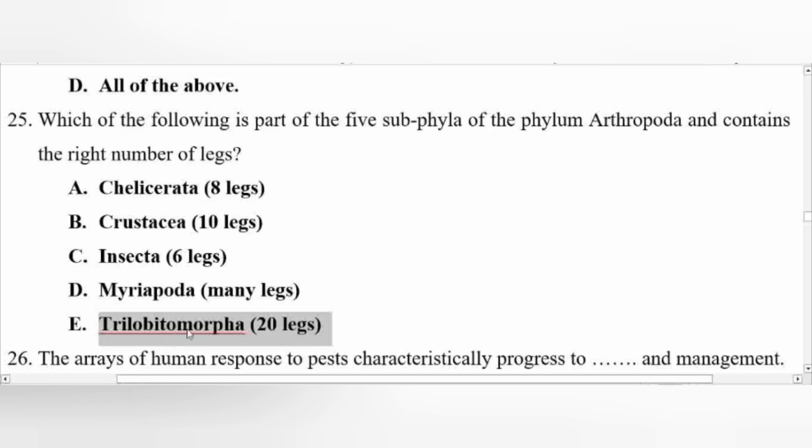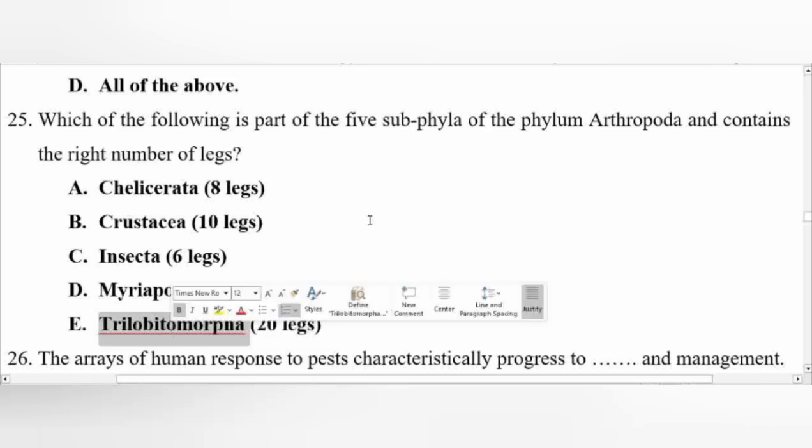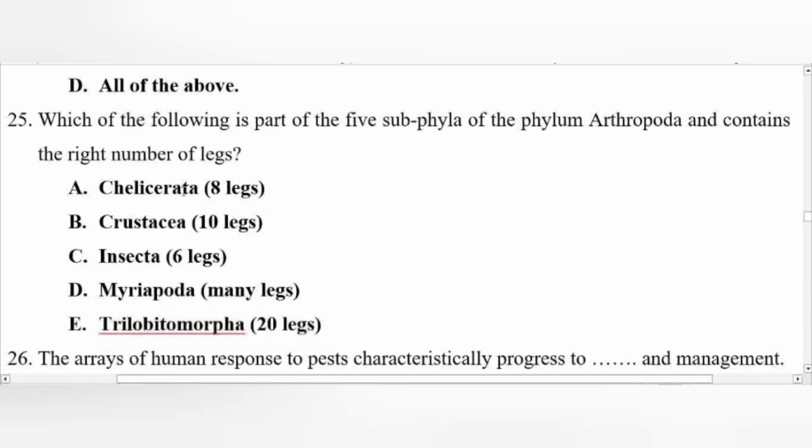These ones we know in fossils. They are extinct, but we know them through the fossil records. So all the 5 are subphyla of the phylum Arthropoda. Maybe let's look at the insects, the 6 legs.